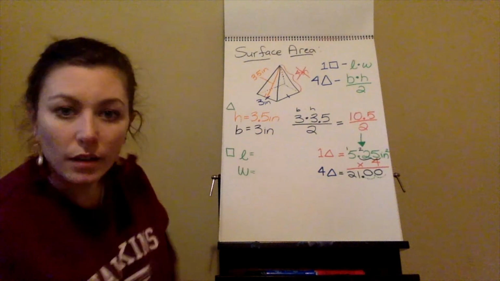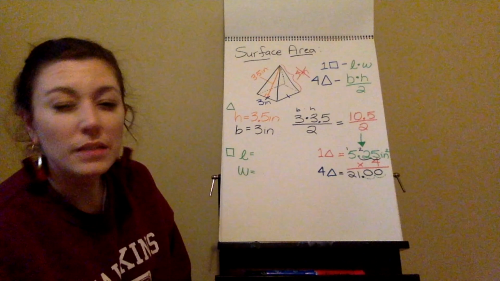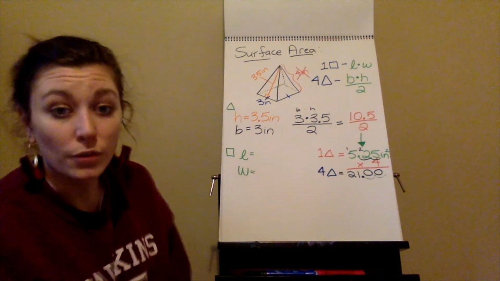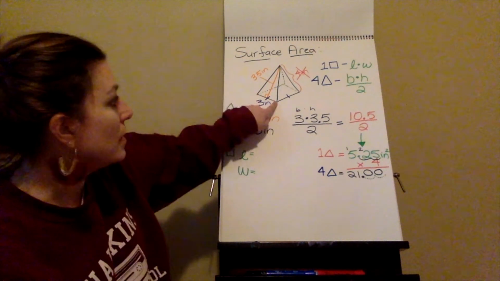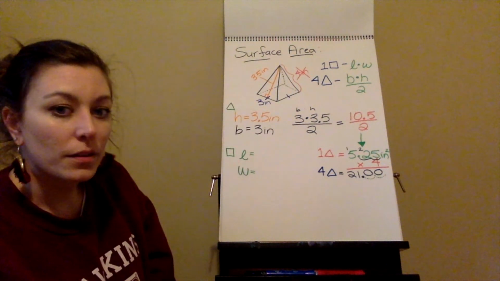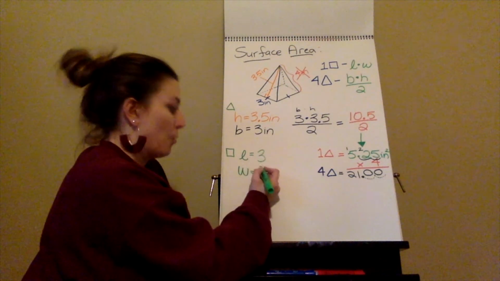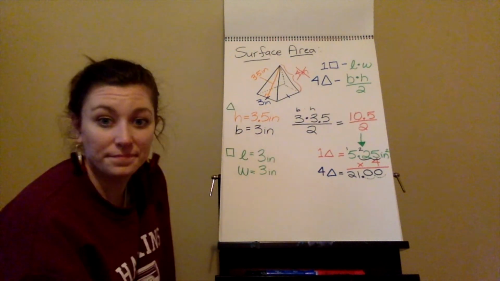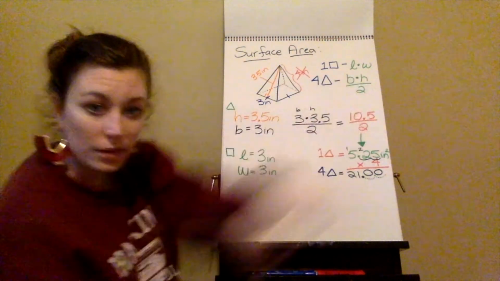What is the length of the square and what is the width of the square? Well, what's the basic definition of a square? It's a 4-sided figure with 4 right angles and 4 equal sides. So these are all equal. What is the length and what is the width? 3 inches. Good job. Now, the formula says length times width.